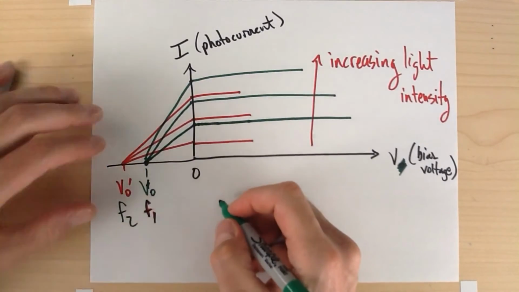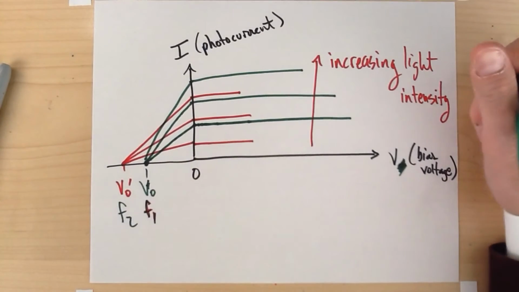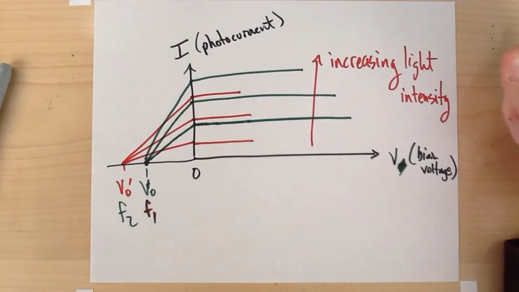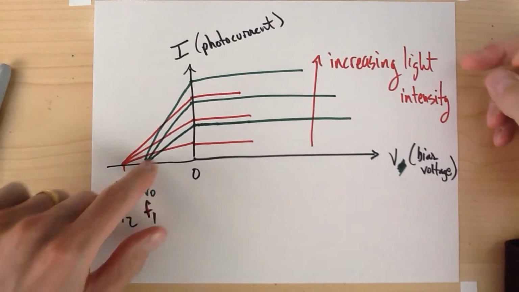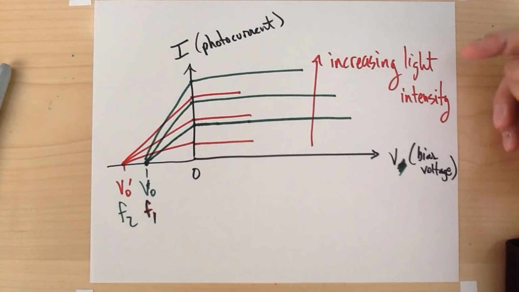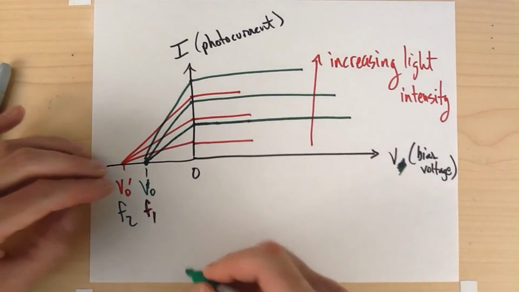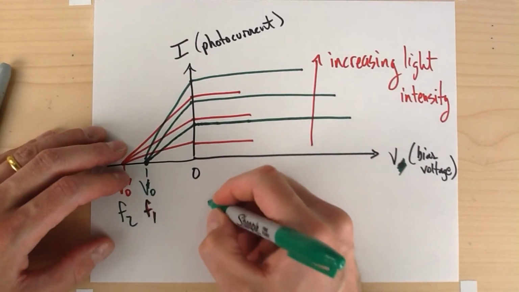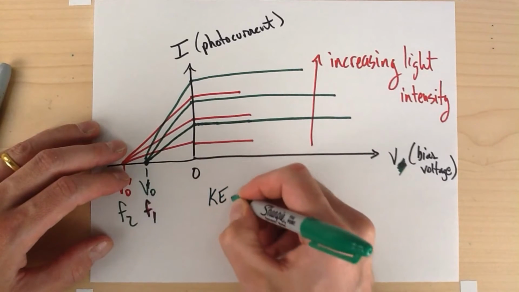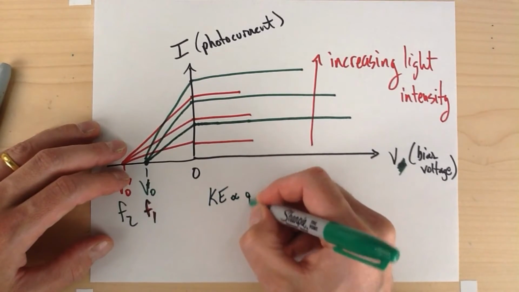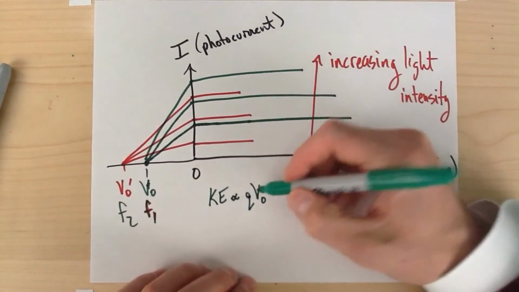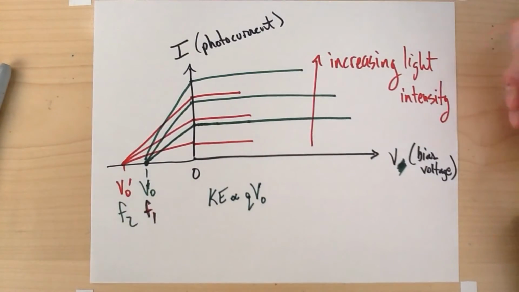All right, and so what does it mean? Well, it means that regardless of light intensity, there will be a 0 point for a given frequency where the photocurrent is 0, no matter what happens. At this voltage, every emitted electron is repelled from the anode, and we can find that the kinetic energy is proportional to the charge of the electron times the voltage, this V0.